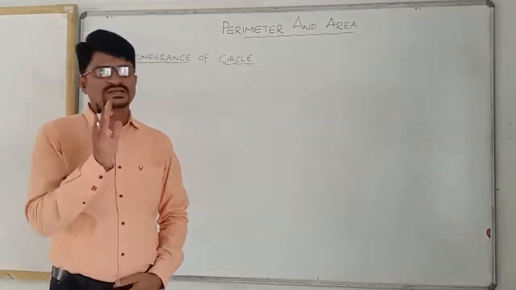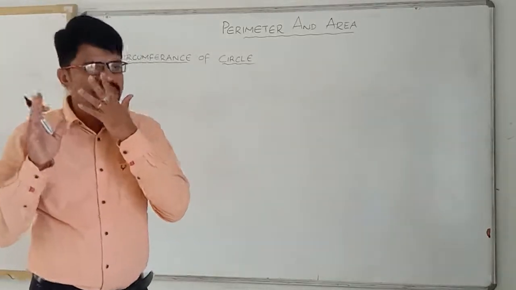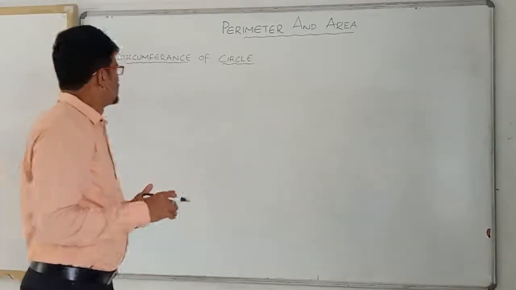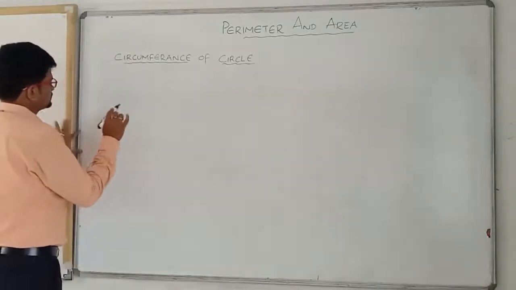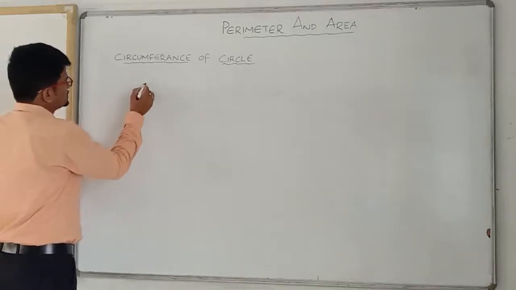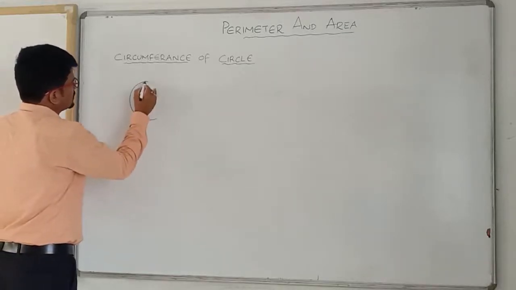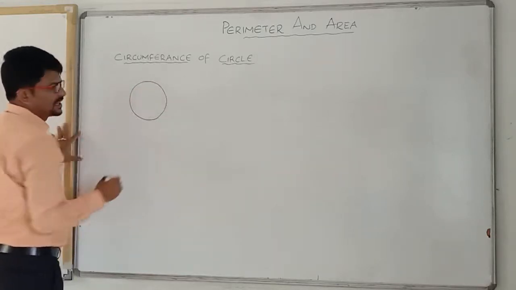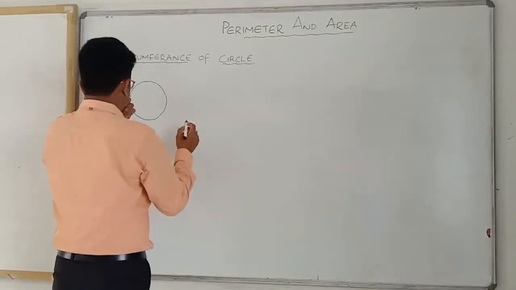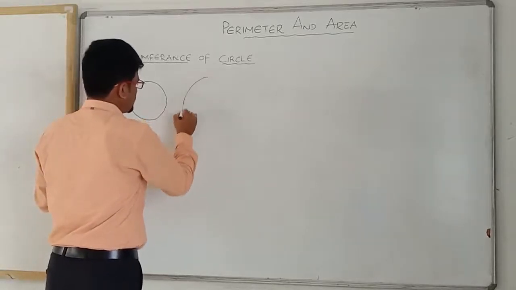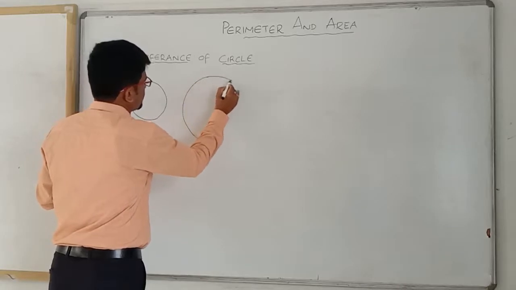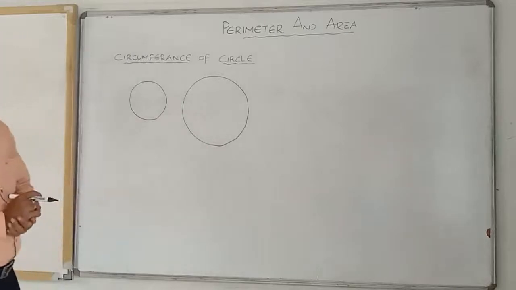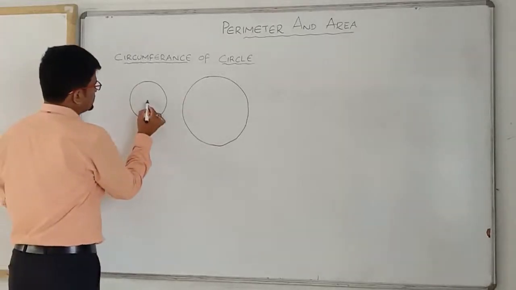When it comes to the circle, we should not call it perimeter. It is called circumference. Children, for example, look here. I'll tell you on this one. See, this is a circle, am I right? And this is a circle.